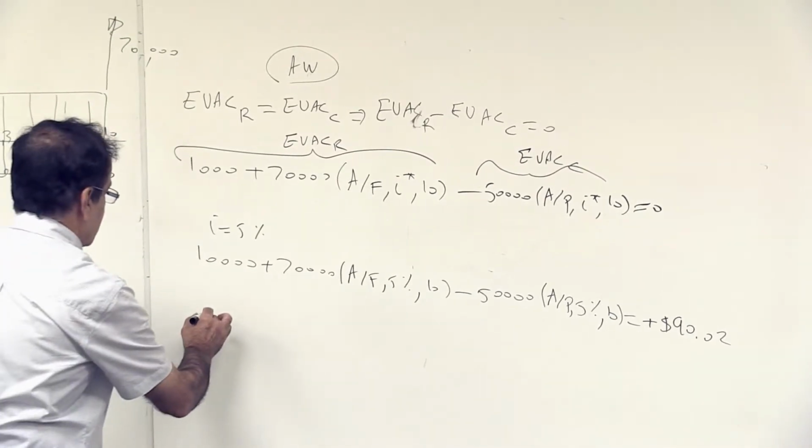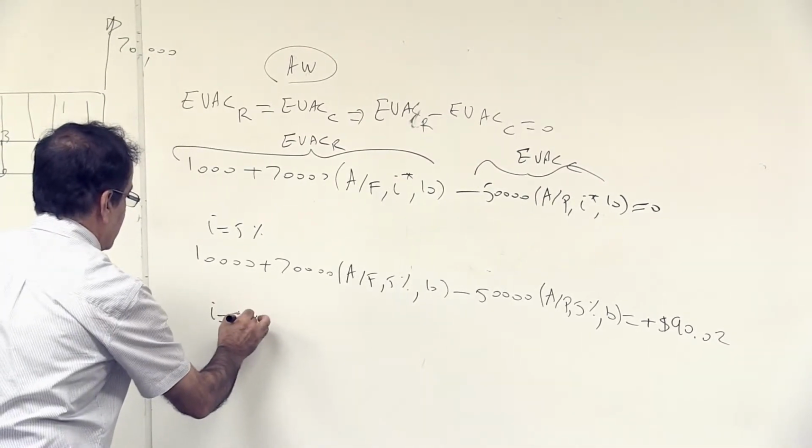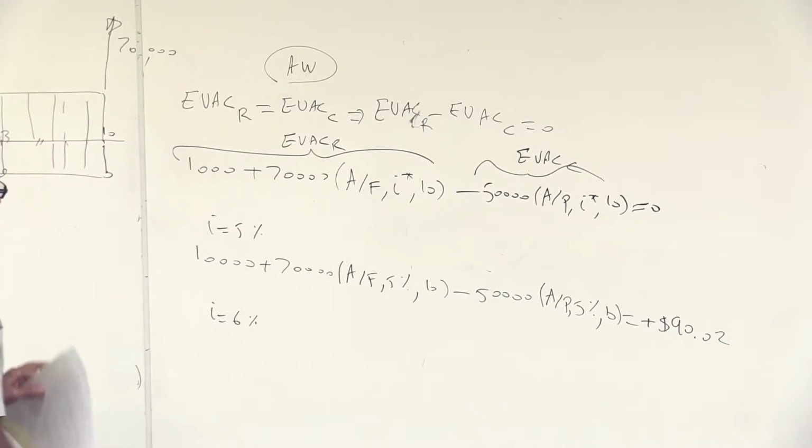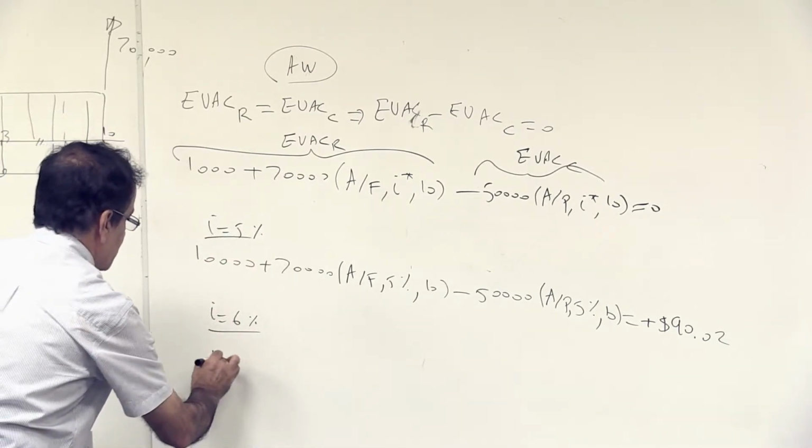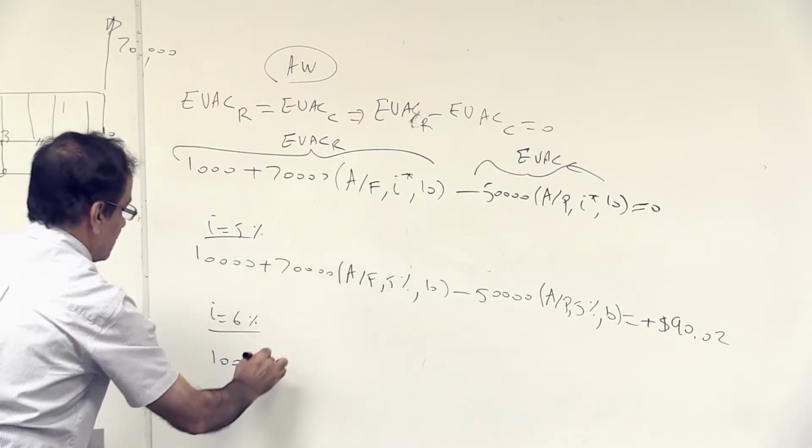Now we're going to try the next i. Hopefully the next one is going to give you a negative number. So with i at 6%, we substitute in the same equation. We call this one the rate of return equation.